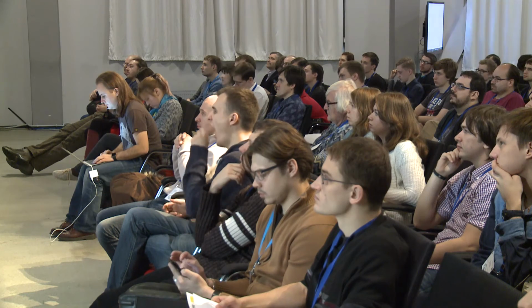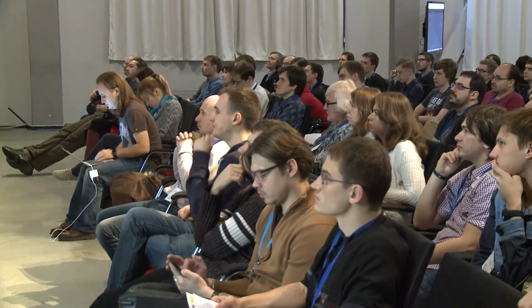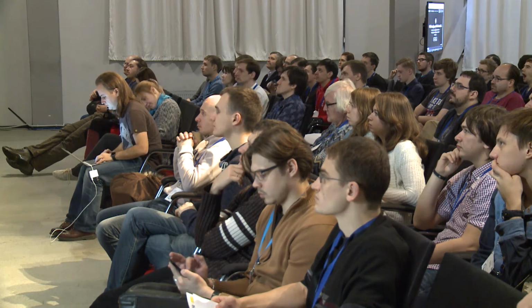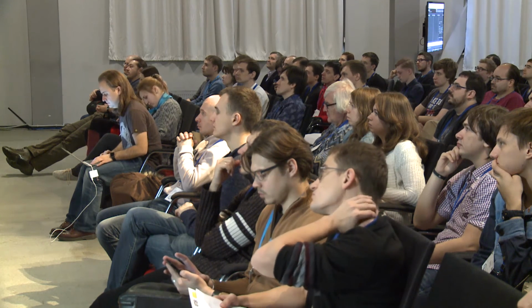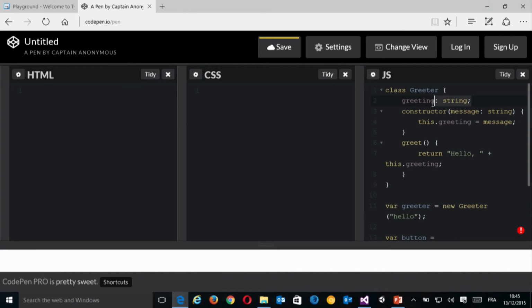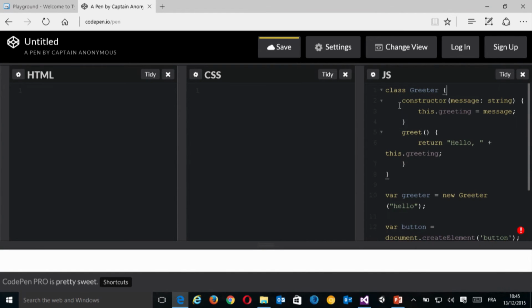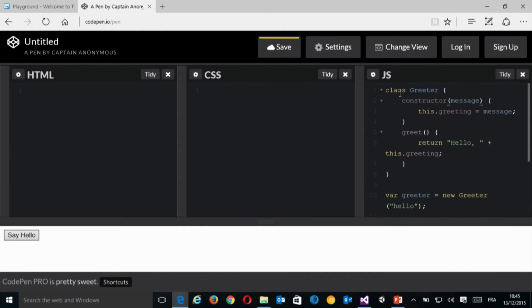But just to show you that this is nearly ECMAScript 6, I'm going to copy-paste the TypeScript code to create a new pen and paste it there. What I need to do is remove everything linked to the types, I'm sorry. And you see now that the class keyword is OK in Edge, as well as the constructors, and I can then say hello.